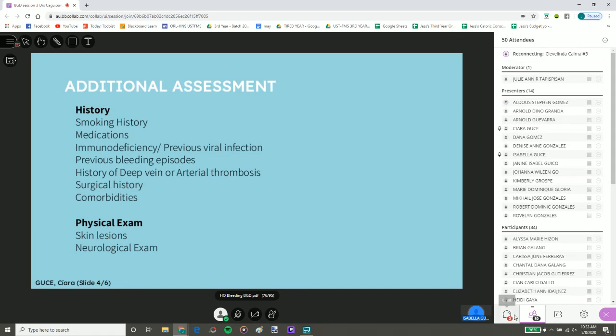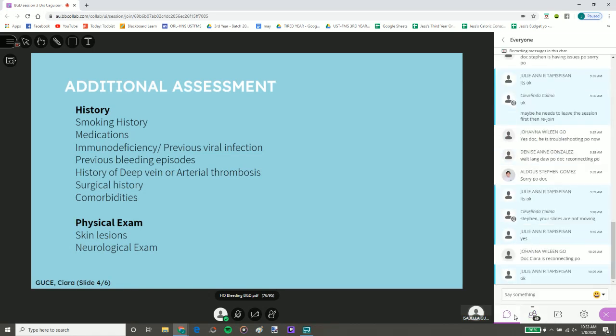Since the patient has stage 4 malignancy, one of the causes being smoking, we should ask the patient how long has he been smoking, and if the patient has discontinued, because smoking can increase the risk for bleeding as it causes widespread clot formation which further depletes your platelets and thus further leads to bleeding.